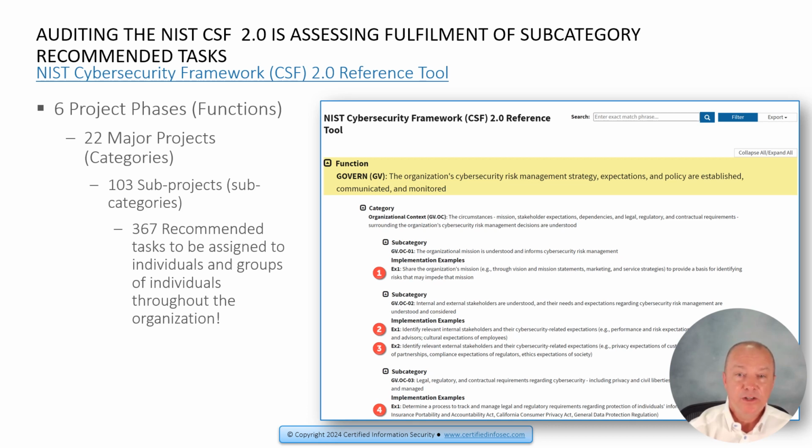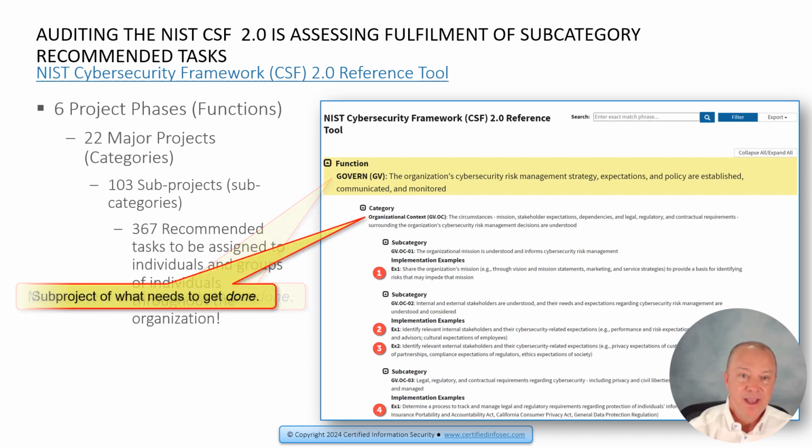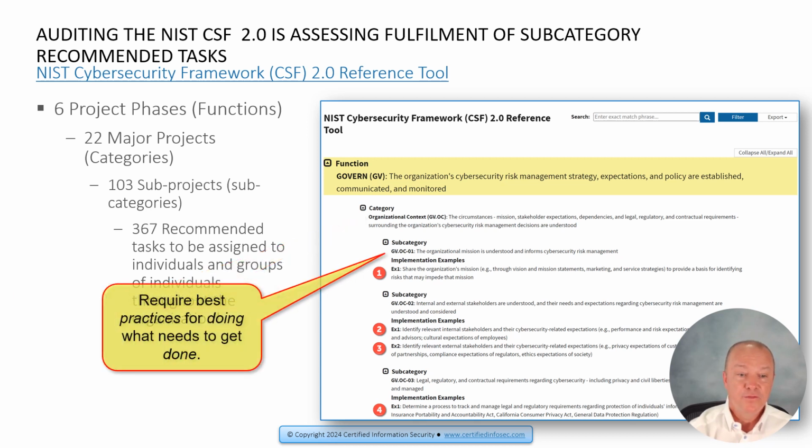So again, let's take a look at this to review what we'll be looking at. We know that the functions describe the main projects of what needs to get done. And then within that, we have sub-projects of more granular detail of what needs to get done. But finally, we have now recommended practices for doing what needs to get done, and that is what we need to audit.